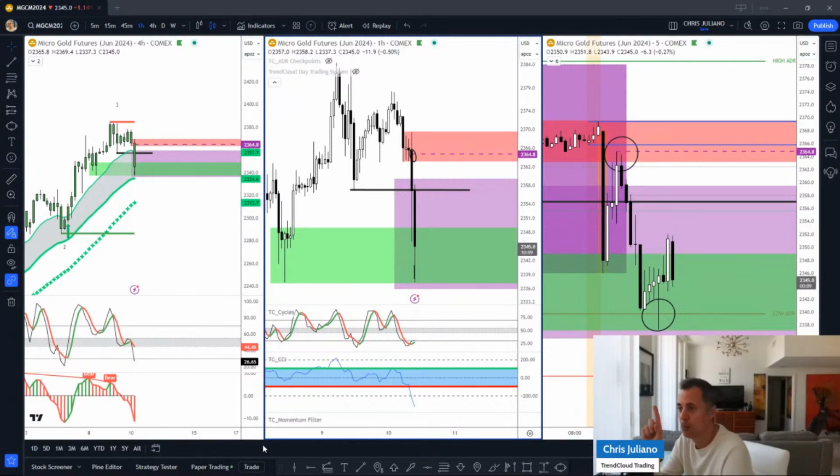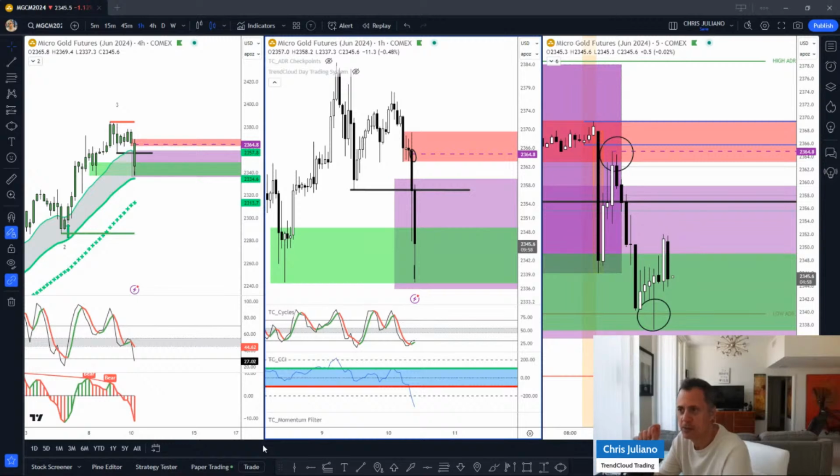Now, in my data, and I give you this data in your trading journal when you get TrendCloud, my data shows that when you have trend and momentum lined up on both the high time frame and the middle time frame, 70% of the time your demand zones or supply zones will hit 2 to 1.